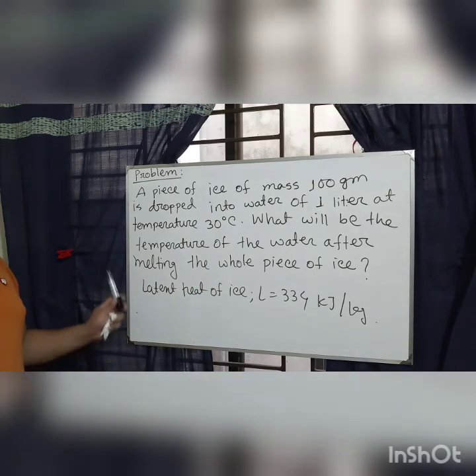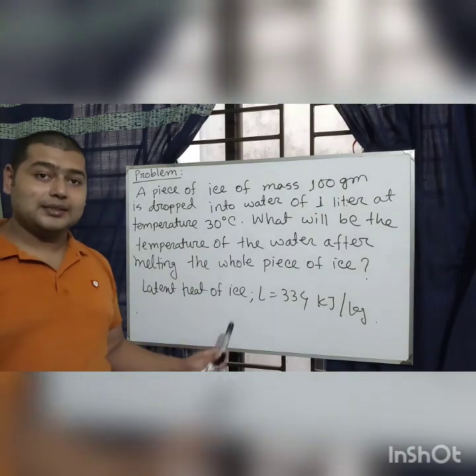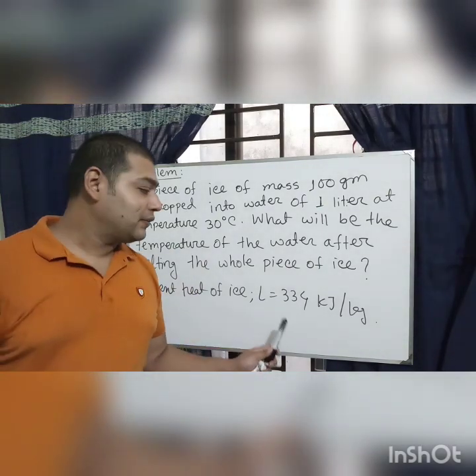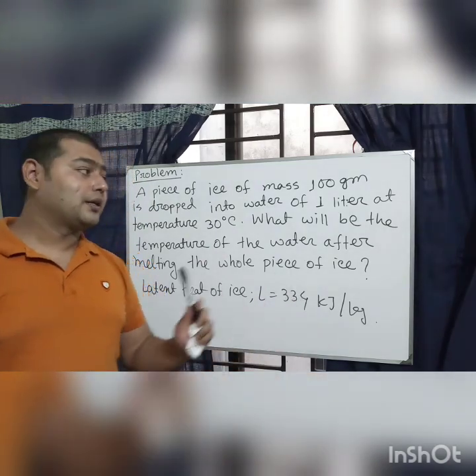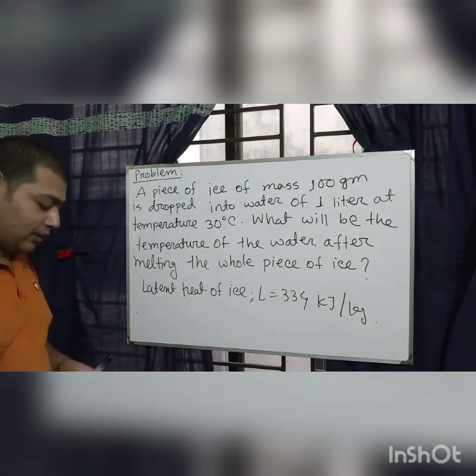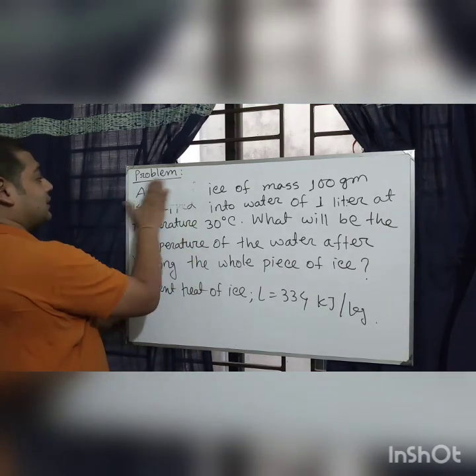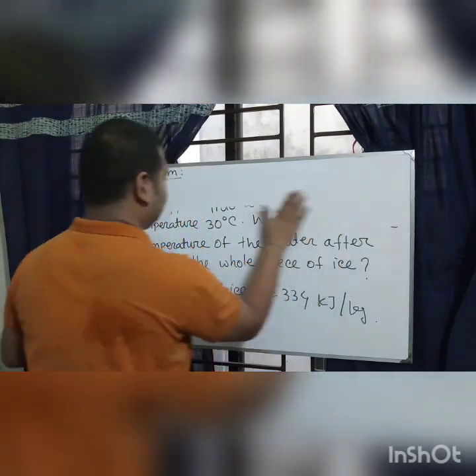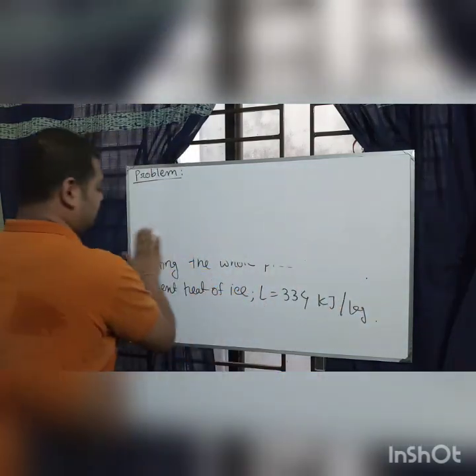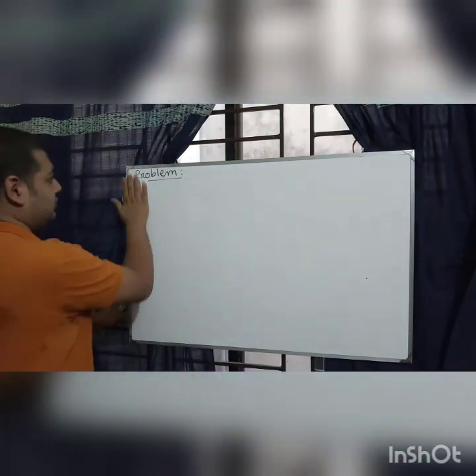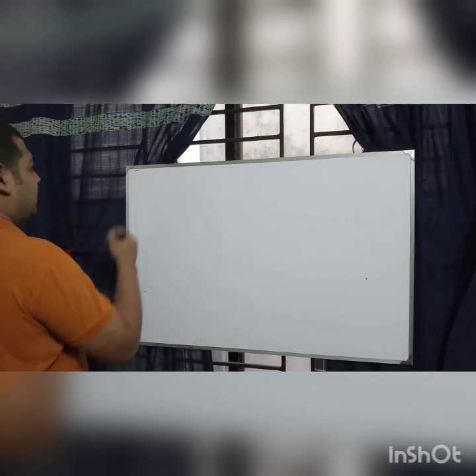They are given that the latent heat of ice L equals 334 kilojoule per kg. Okay, let's solve the mathematics. Solution.